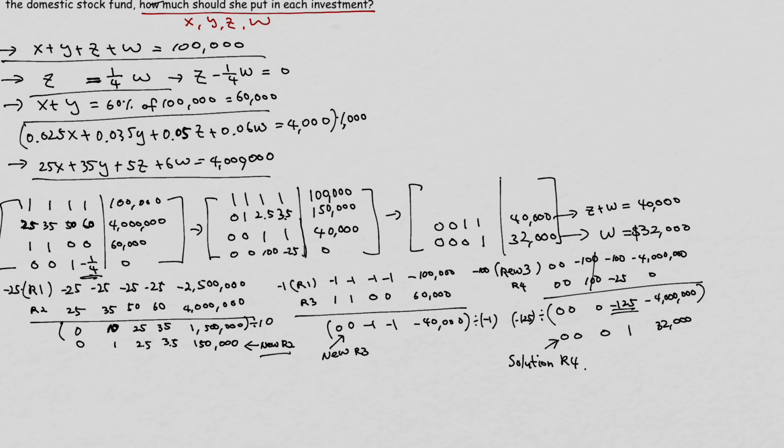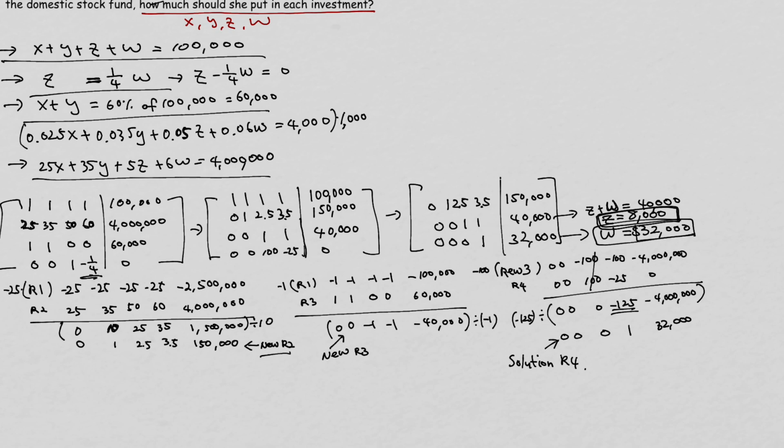So when you replace W by 32,000, you end up getting your Z amount as 8,000, right? 8,000. Now you're using row 2 to find your Y value.